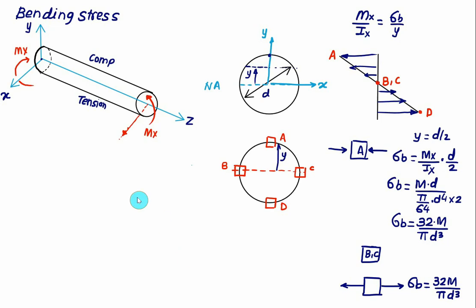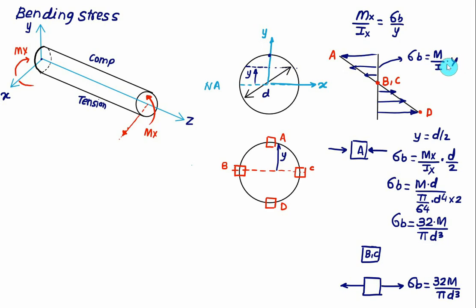So whenever a machine member is subjected to bending moment, tensile stress develops on one side of the neutral axis, and the compressive stress will develop on the other side of the neutral axis. Therefore the outside fibers are in tension and the inside fibers are in compression. Bending stress at any point here is sigma b equal to M divided by I multiplied by y.